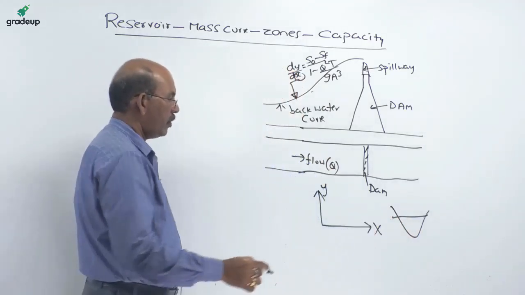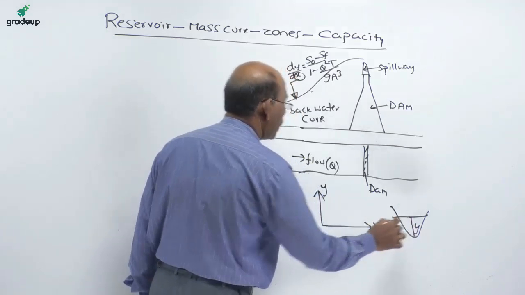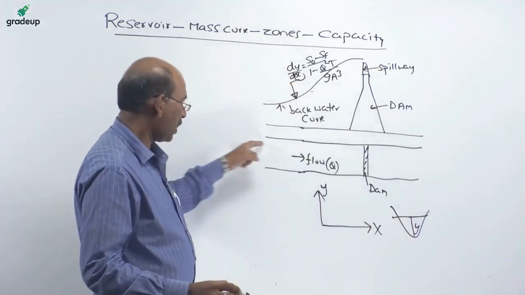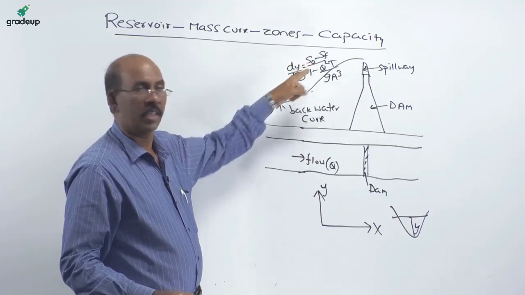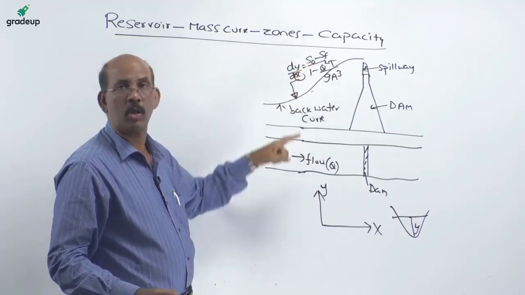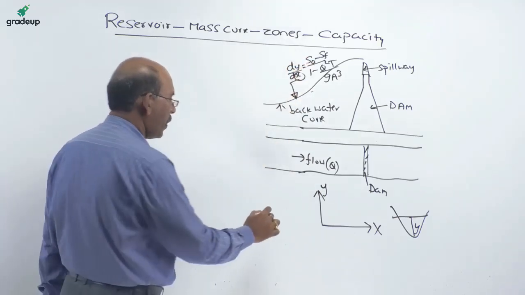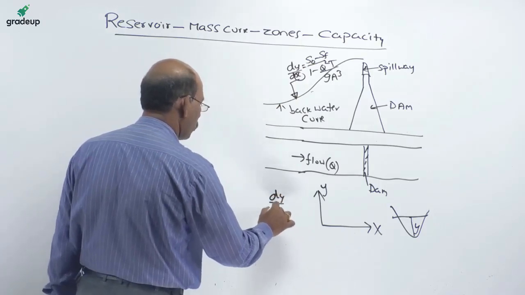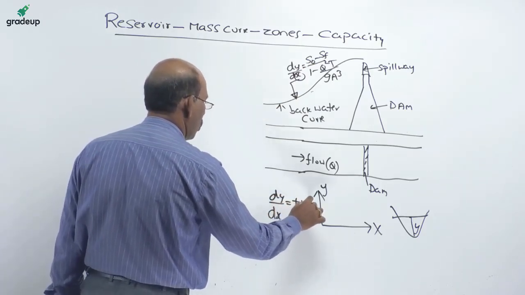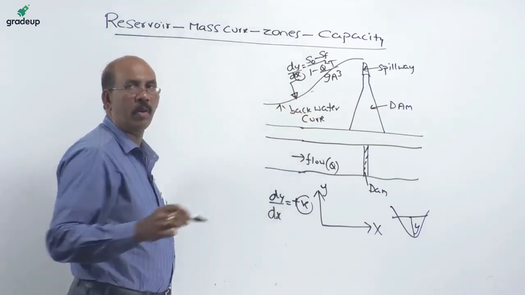Coming to this relationship, we can see that as x increases, y also increases, so dy by dx is positive. This dy by dx positive curve we call a backwater curve.